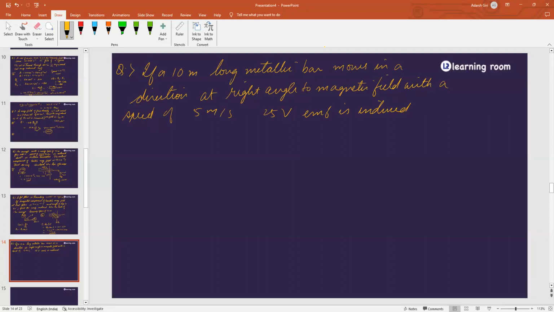Find the value of magnetic field intensity.